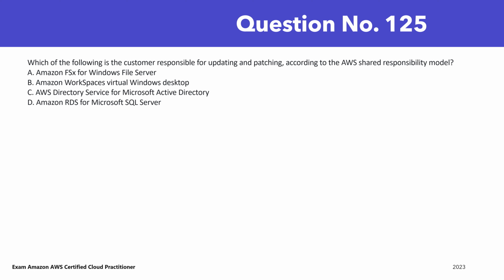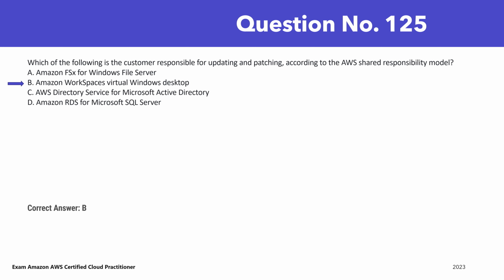Which of the following is the customer responsible for updating and patching, according to the AWS Shared Responsibility Model? A. Amazon FSx for Windows File Server. B. Amazon WorkSpaces Virtual Windows Desktop. C. AWS Directory Service for Microsoft Active Directory. D. Amazon RDS for Microsoft SQL Server.